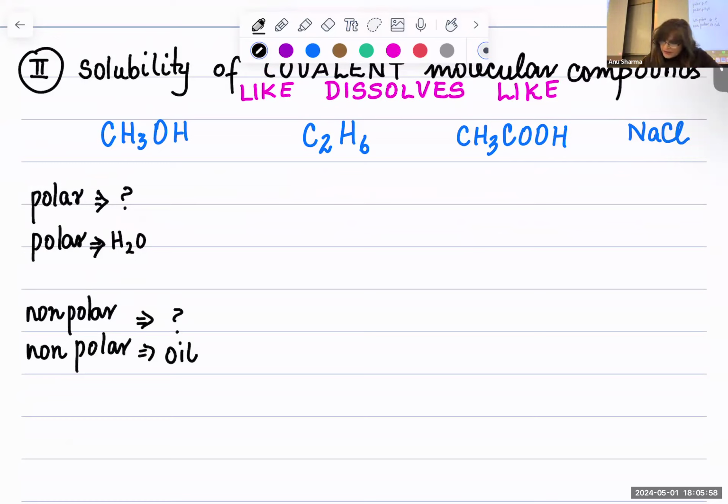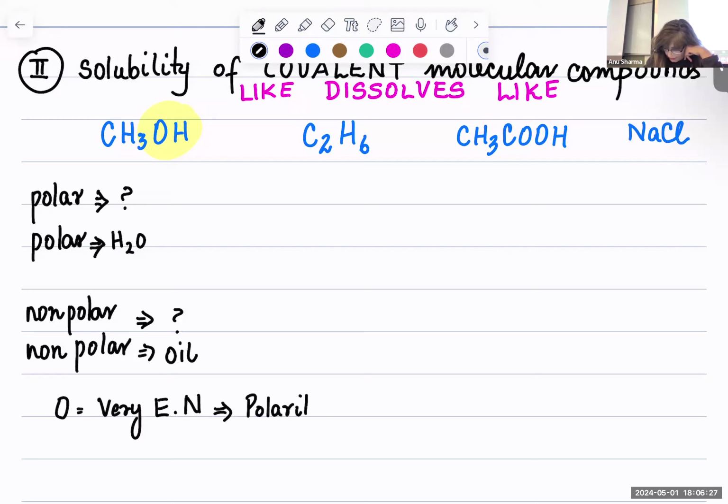See this OH right here? This alone, what is the speciality of oxygen? Oxygen is very electronegative. So because of oxygen, polarity always comes in a molecule.